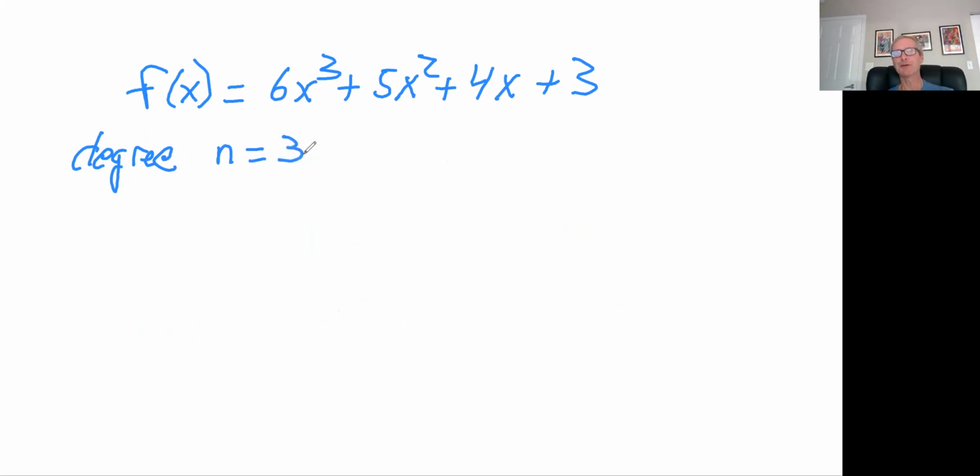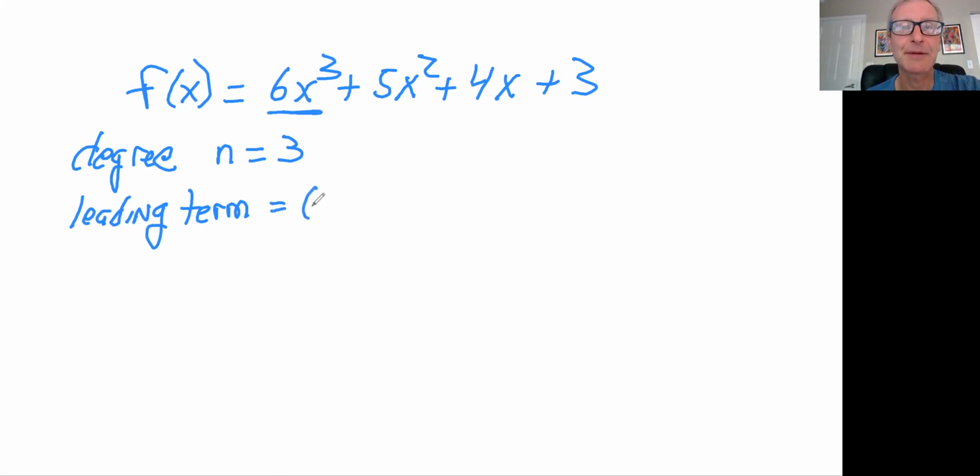So hopefully some of these will be easy to identify. And then there's this idea of the leading term. And we will use that in something called the end behavior test, which we'll talk about shortly. And the leading term is the one with the highest exponent, and that is 6x cubed.